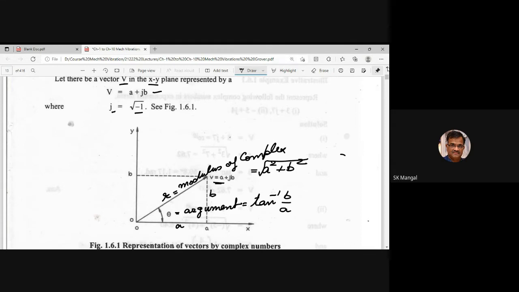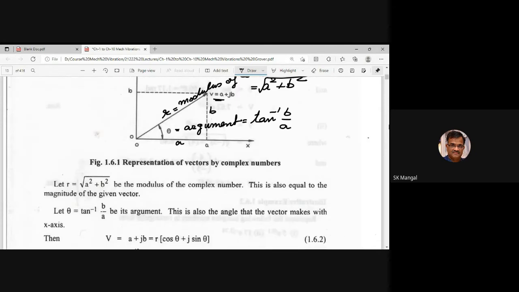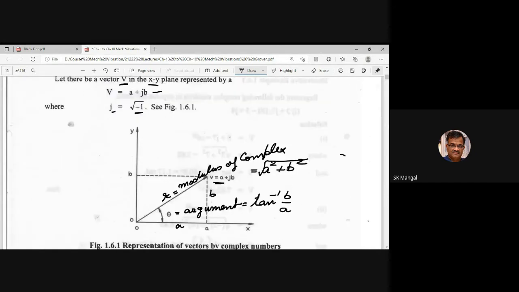So here you get the two components. This is also known as the rectangular form of SHM representation.